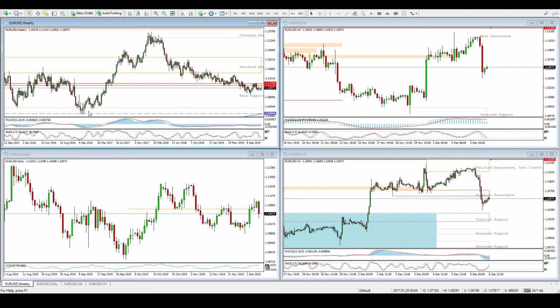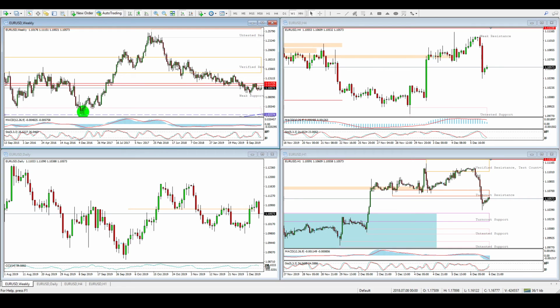So the most logical place for this pair to go next would be retesting the last low, which is right here. That is the past 10 years low, which happened in December 2016.